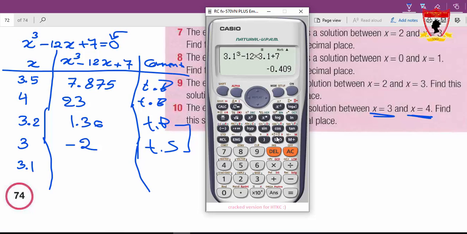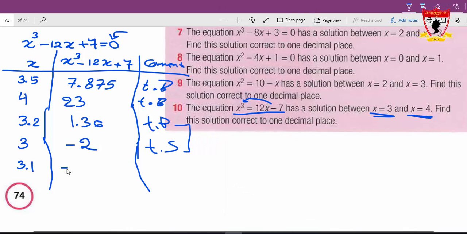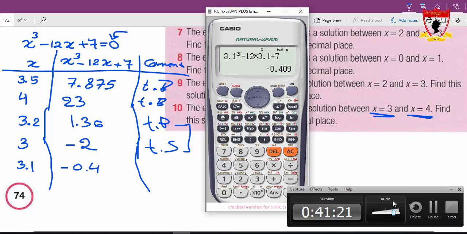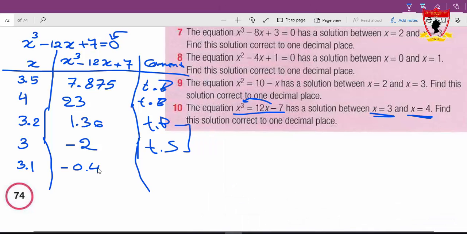This is equal to -0.4. So we are closer. -0.409. Now we need a number between 3.2 and 3.1. If we try 3.15, we are getting way closer to 0, and the closest number is the answer.